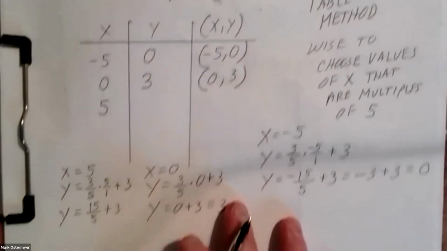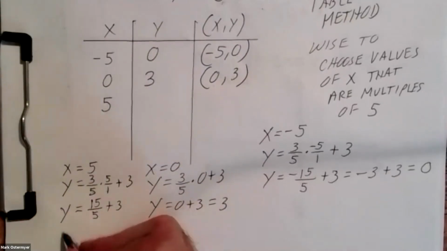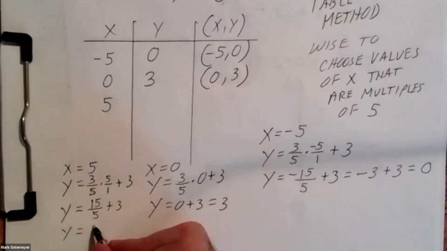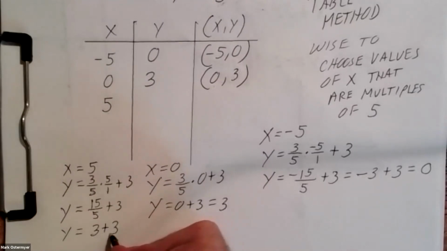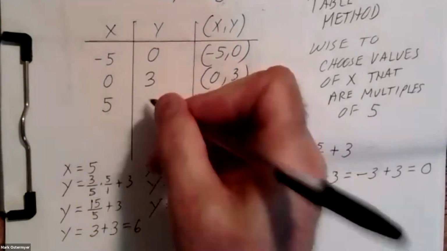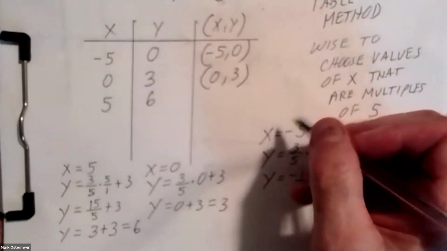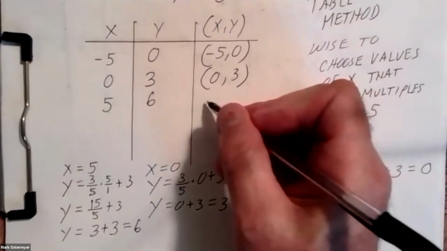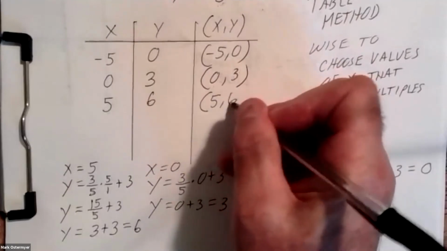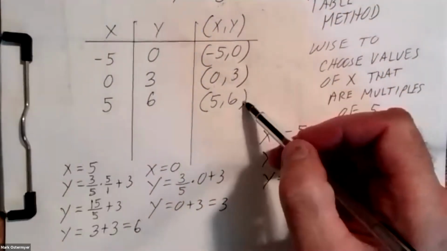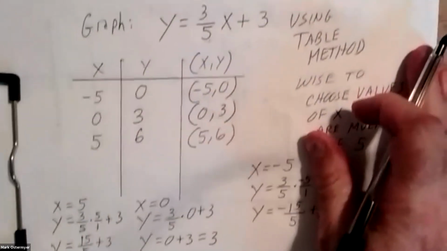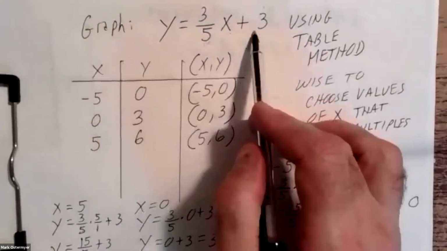But what is 15 over 5 reduced down to? 3. So 3 plus 3 is 6. So y would have to be 6. So another ordered pair solution we found for this linear equation is (5, 6). Hence, it would also have to be a point that lies on the graph of this linear equation.